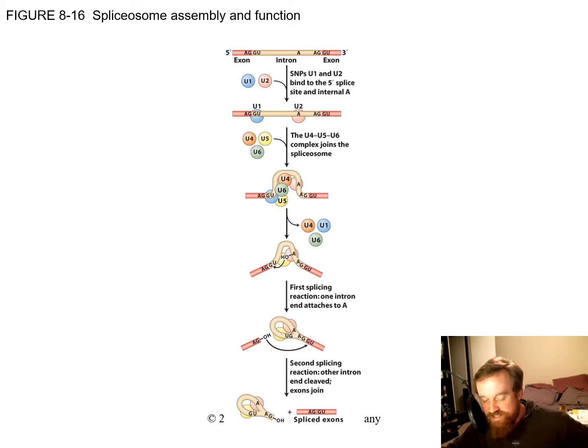Then a second splicing reaction occurs from that U5 and U2 snRNP complex that had formed previously, and it allows this second exon to be freed up, and the previous hydroxyl group here is able to form a bond with that second exon, and this intron then is just released out of the mRNA, and we have two exons now that are joined together.